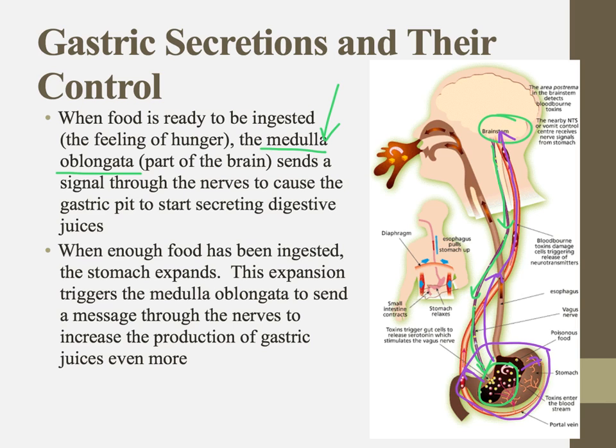What the heck am I going to do with it? The medulla oblongata says, yep, message received, and sends a message back down to the stomach to create even more gastric juices to deal with that increased volume of food. So the medulla oblongata is telling the stomach to create digestive juices both before and after a meal.